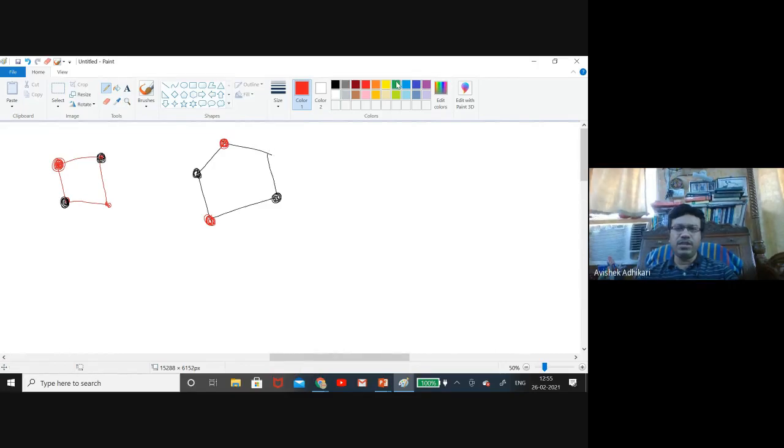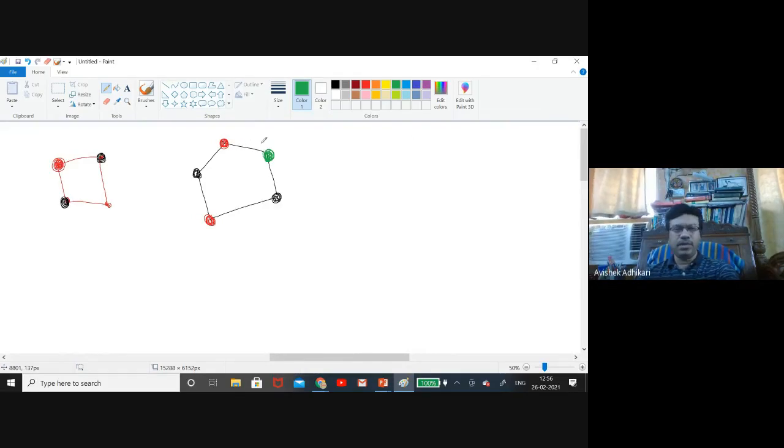So you need an extra color. It depends on whether the length of the cycle is even or odd. If it is an even length cycle, then two colors are sufficient. But if it's an odd length cycle, then three colors must be there.